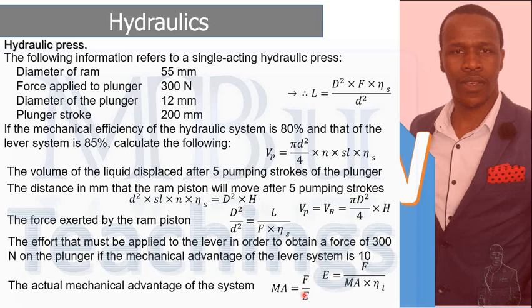We do have the effort, which is 35,294 newtons, and we know that mechanical advantage is just the ratio of those forces. So you can divide them out and find the answer of 8,5. So that's what we have there, 8,5.